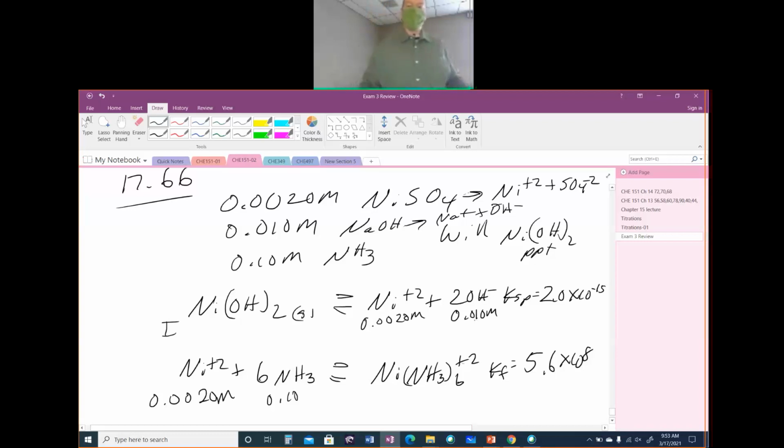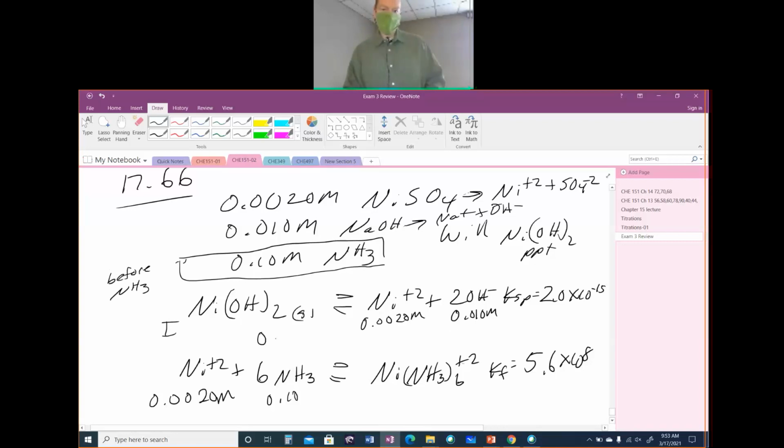All right, so you could have two questions here. The question would be, will it precipitate before we added the NH3? All right, so before NH3, you would find your Q, that is your nickel plus 2 concentration and your OH minus concentration squared.